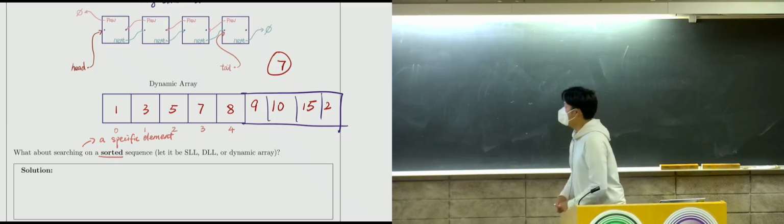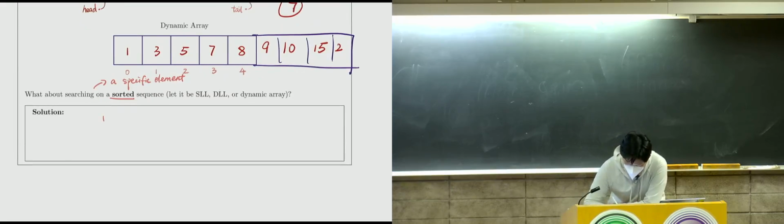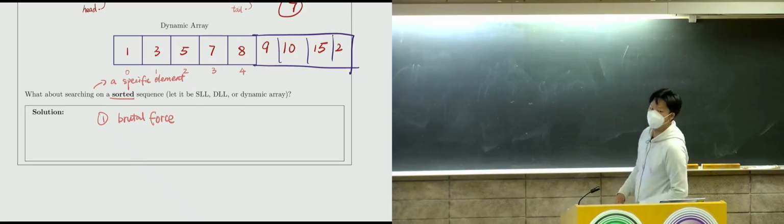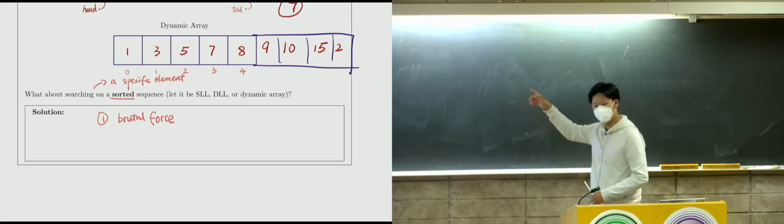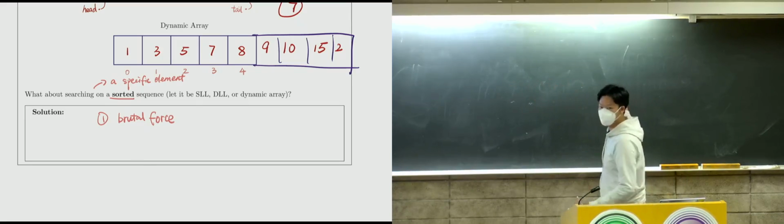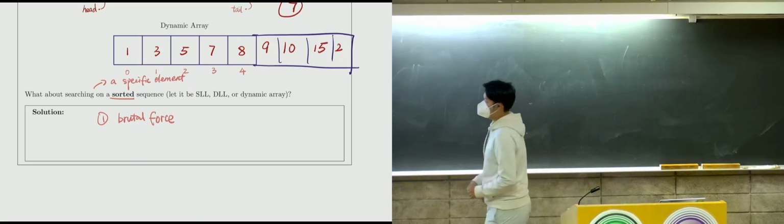Yeah. So the approach you're suggesting is called brute force search, which means that we just check each element, right? From the first index, index 0, all the way to n. But isn't that what we did when the sequence is unsorted?